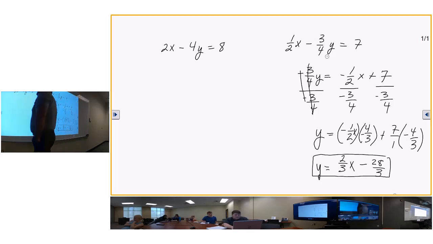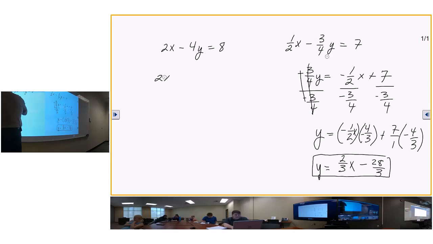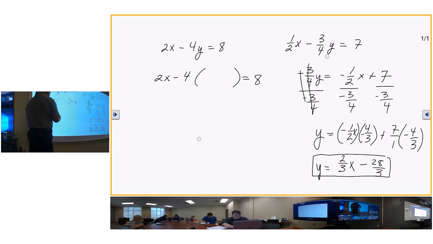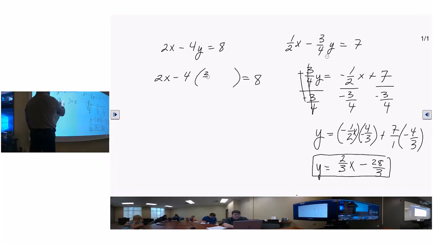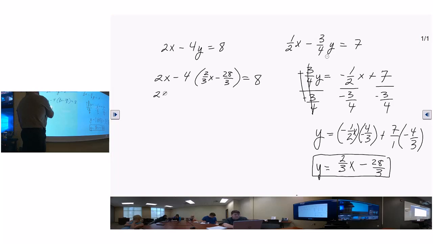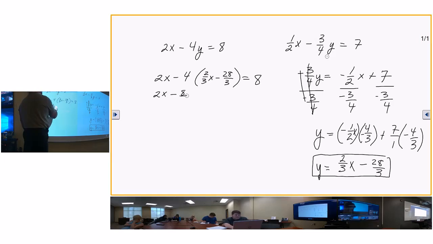Now I'm going to take that, 2x minus 4 times the parentheses, and plug that in: 2/3 x minus 28/3. So 2x minus 8/3 x minus 4 times 28. Well, that's simple. 4 times 25 is 100, and 4 times 3 is 12. That's 112.